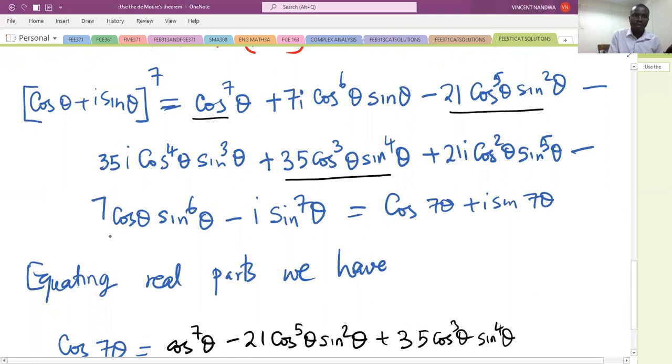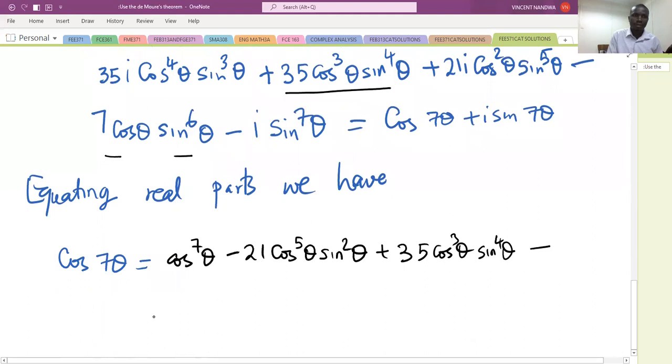This is the next term, negative 7 cos theta, and then sine power 6 theta.